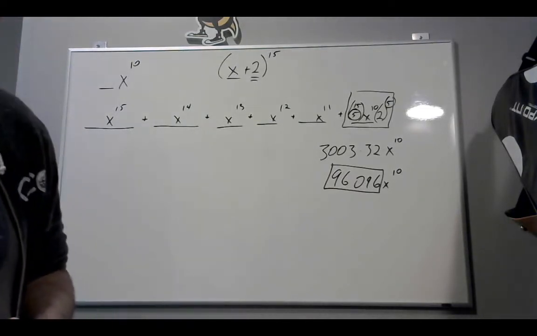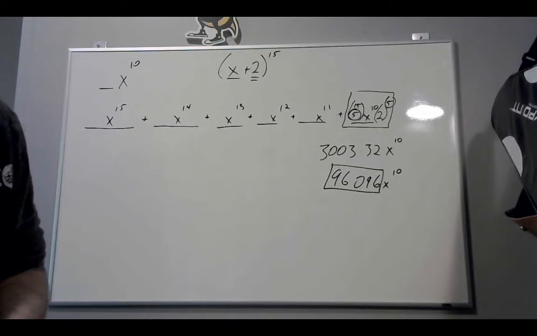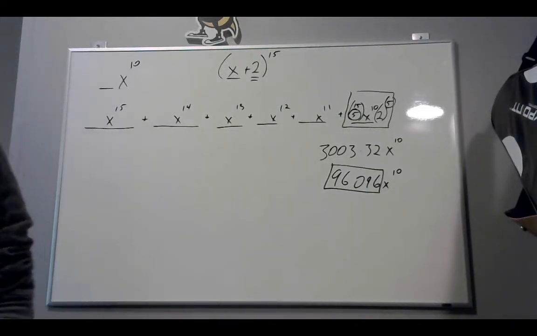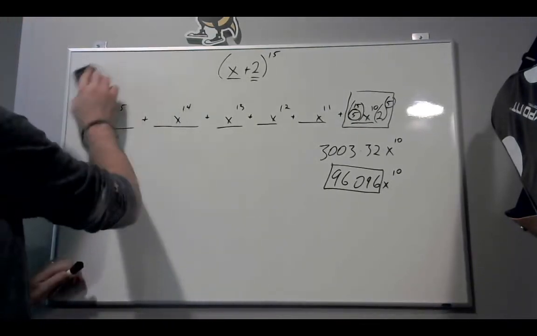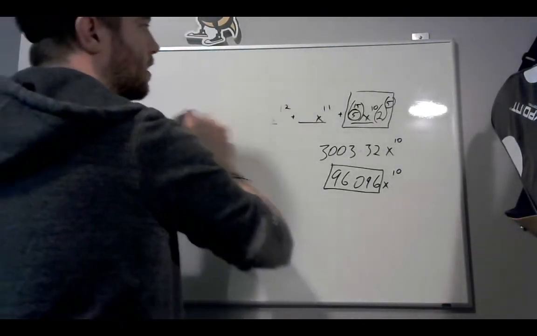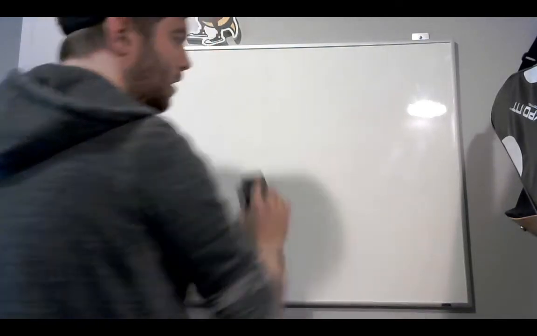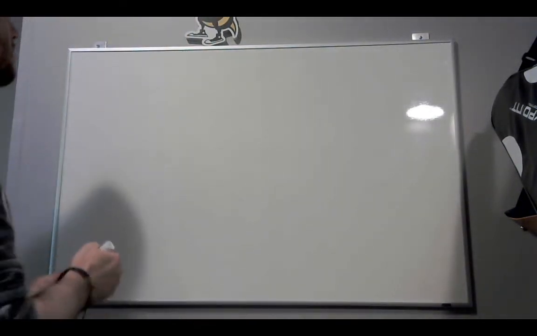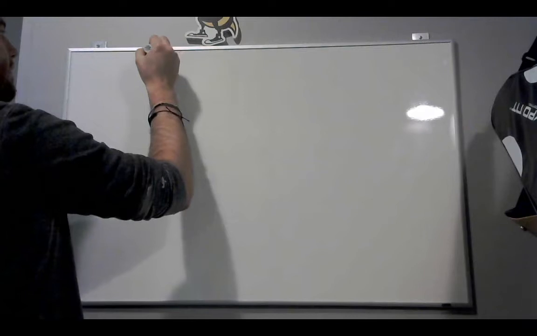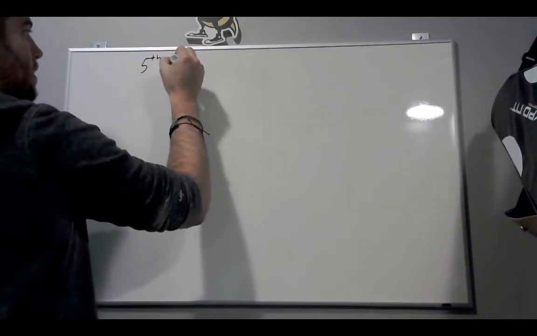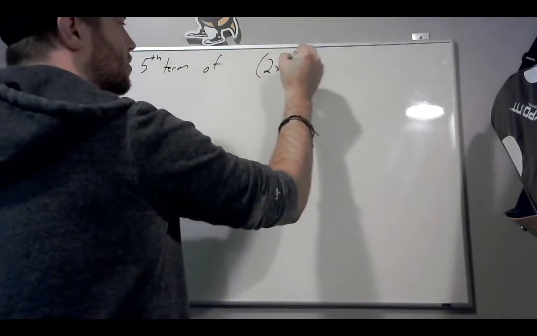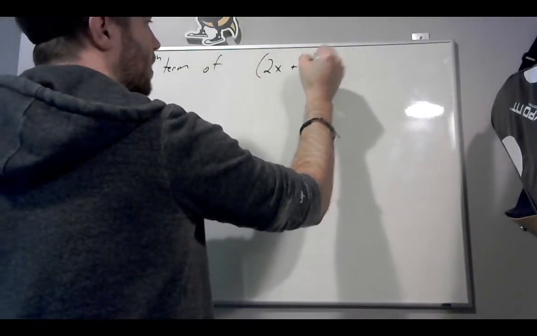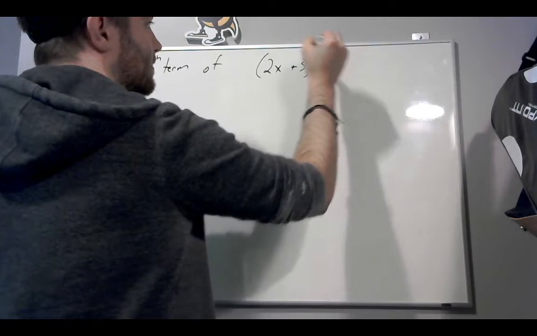All right, let's do another problem. So I'm just going to make up one. So I want to know what the fifth term of (2x + 3y) raised to the 17th power is.